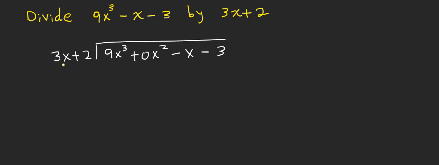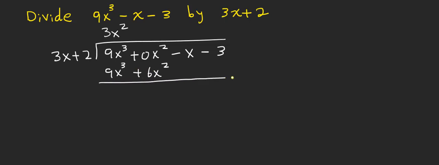So again, 3x goes into 9x cubed how many times? 3x squared. So you distribute, you get 9x cubed plus 6x squared. See how it lines up nicely?